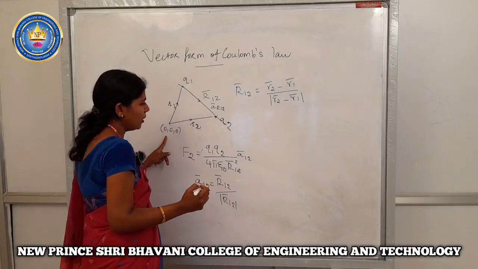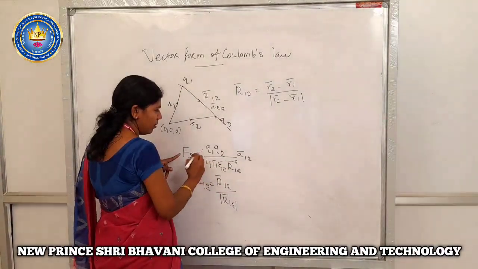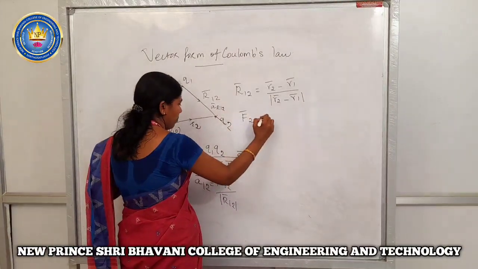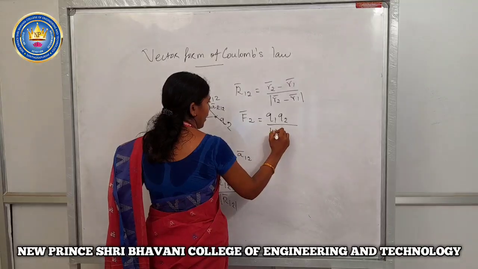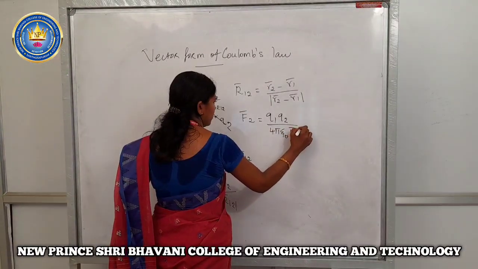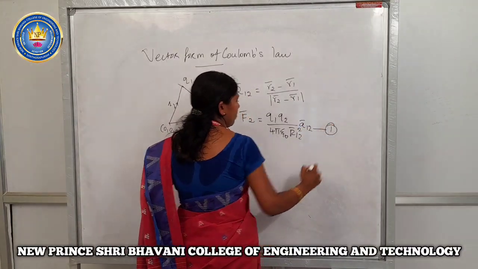So now when we substitute this, the equation becomes F2 bar is equal to Q1 Q2 divided by 4 pi epsilon naught r bar 12 square into a bar 12. This is equation number 1.